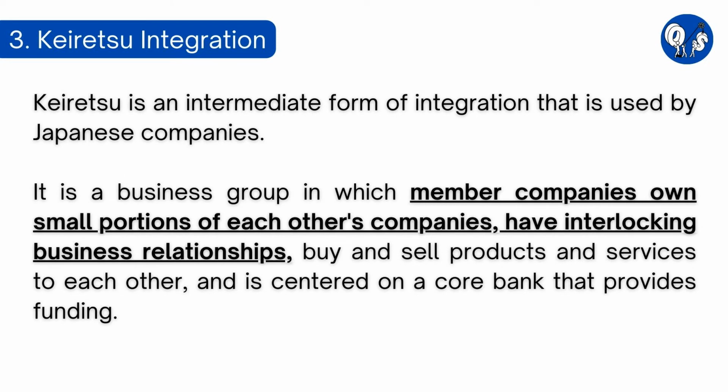Keiretsu is an intermediate form of integration that is used by Japanese companies. It is a business group in which member companies own small portions of each other's companies, have interlocking business relationships, buy and sell products and services to each other, and is centered on a core bank that provides funding.